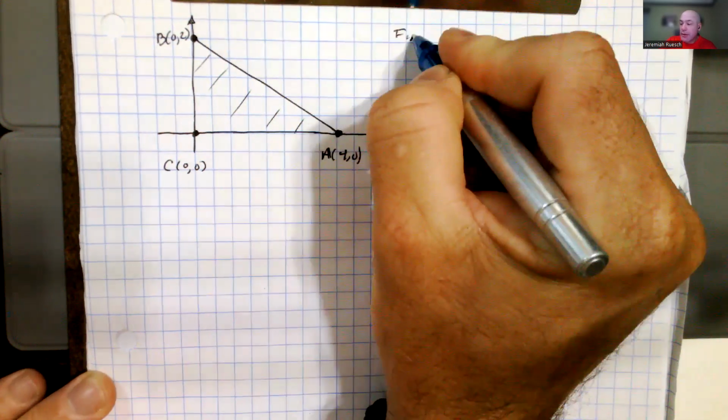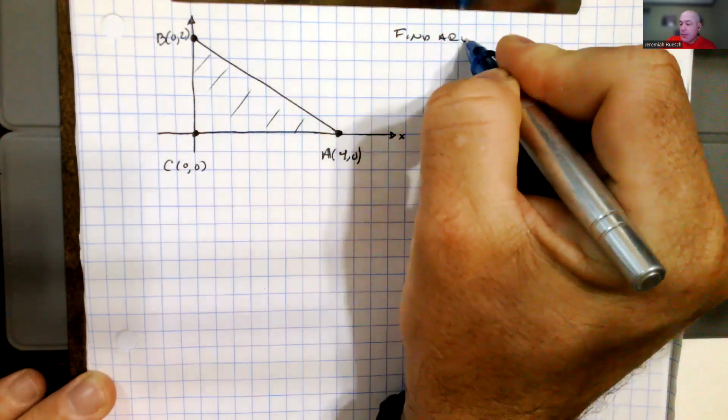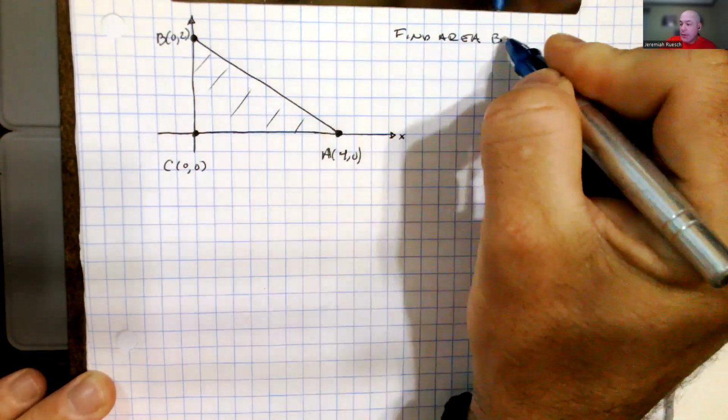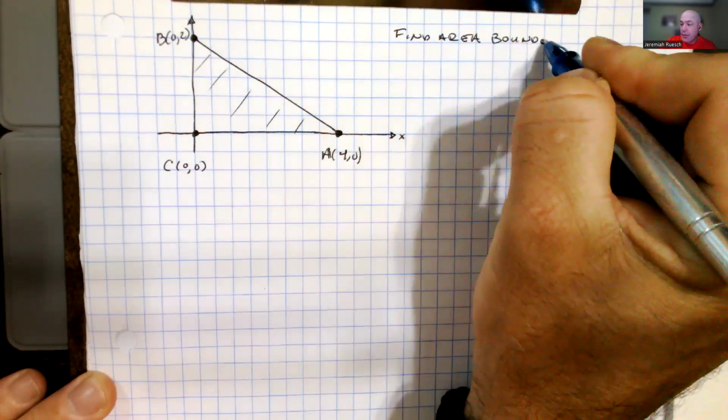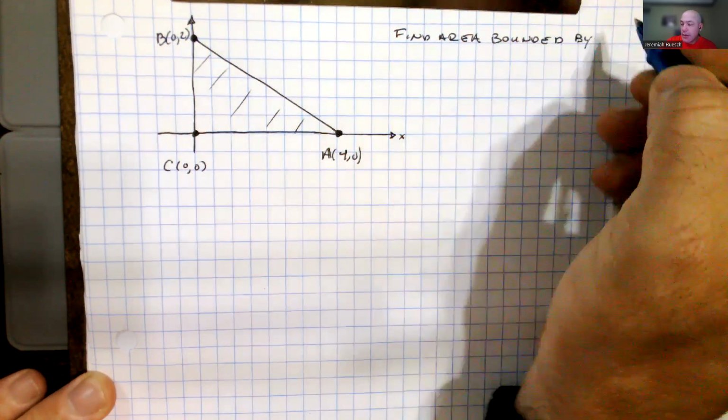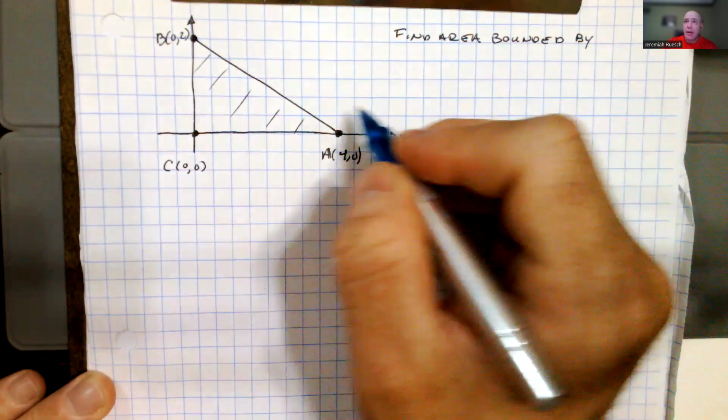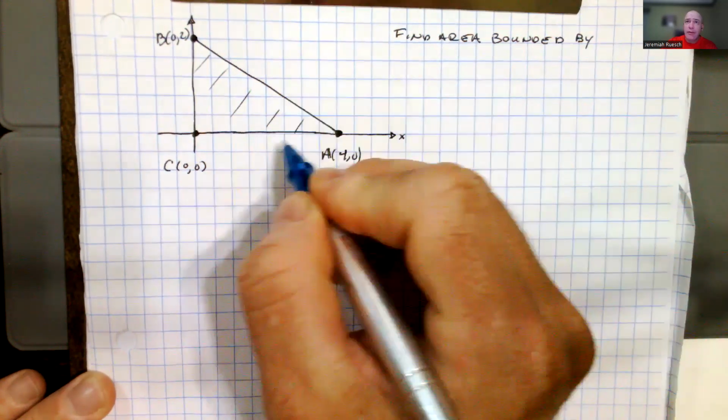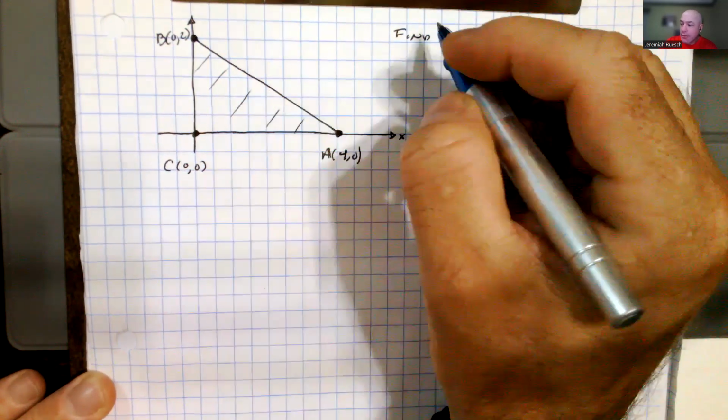So find area bounded by, and then I'm going to give some coordinates here, but really it's just this first quadrant, this triangular area bounded by.